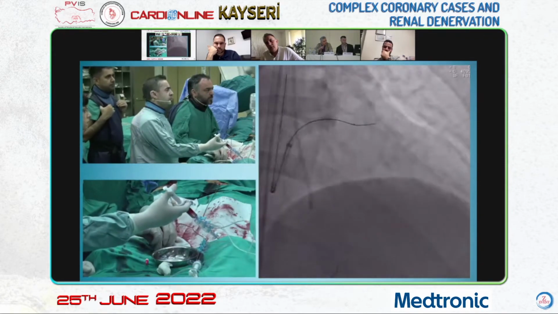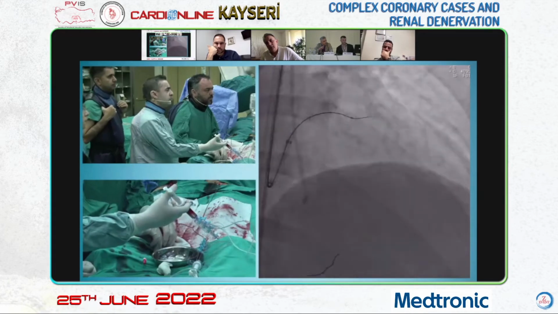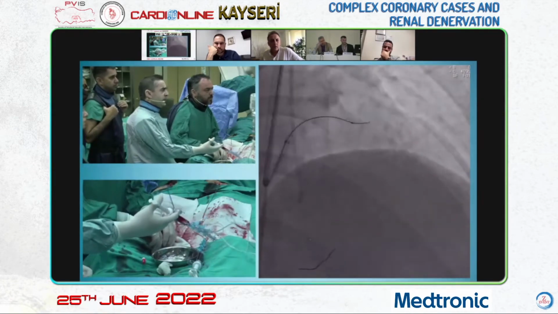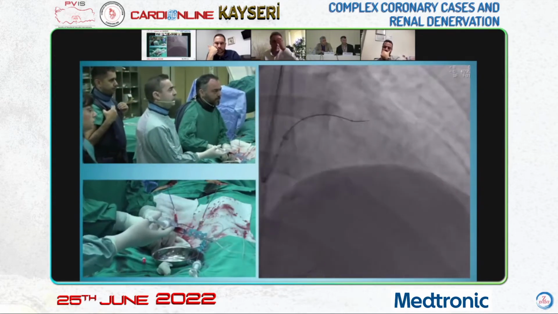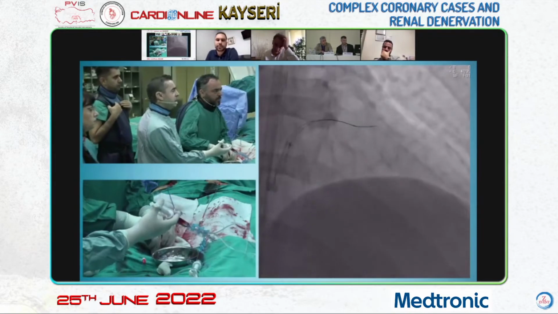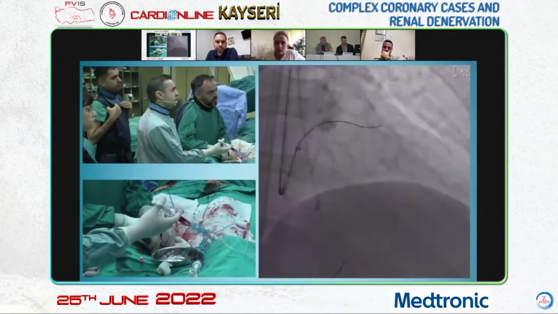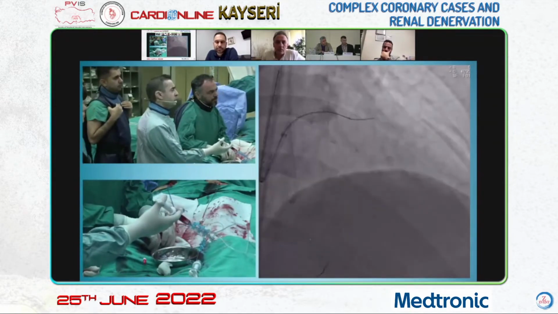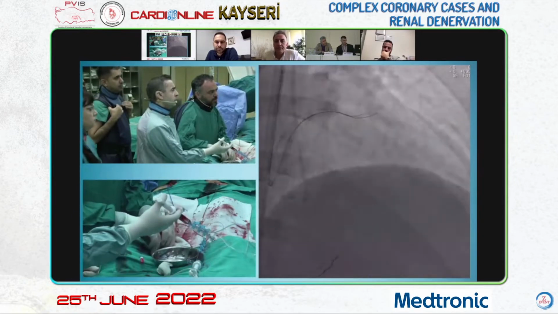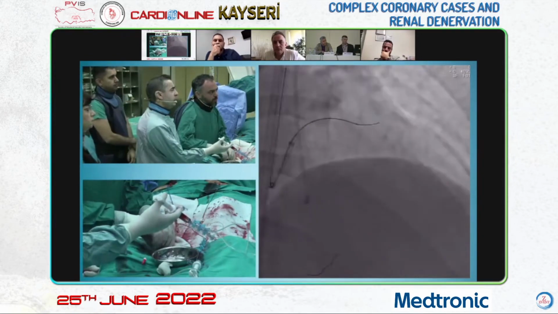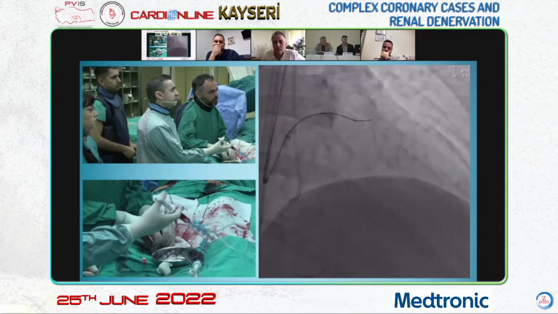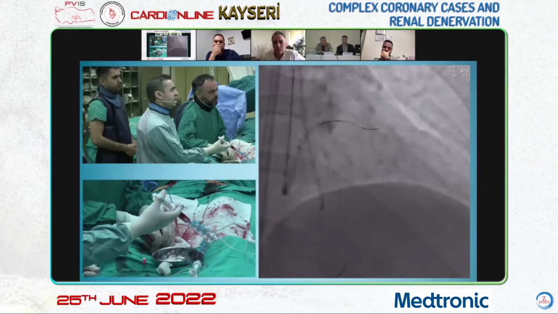Yes, we will show it to you. Sometimes the Gaia also requires angling. Most of the time it is straight. Sometimes we give the angle to the Gaia. We are not sure whether the guide is in the diagonal or out of the vessel.